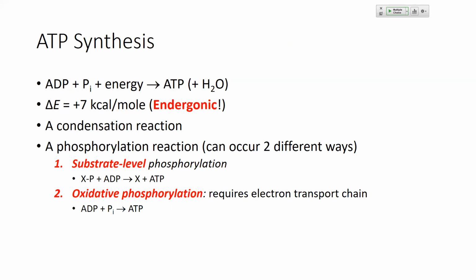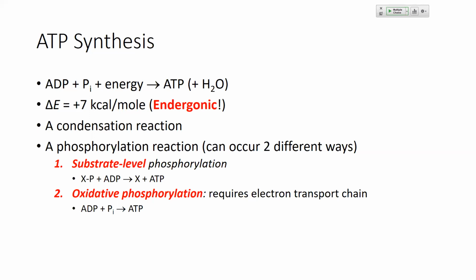The second way is oxidative phosphorylation. And as the word oxidative implies, this is going to require oxygen. The first mechanism did not require oxygen. The second mechanism will require oxygen. It's going to occur in the mitochondria, and this is where the electron transport chain is.